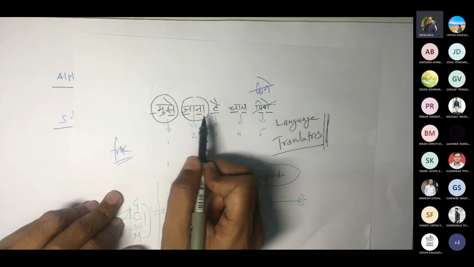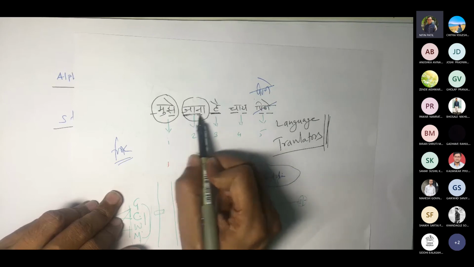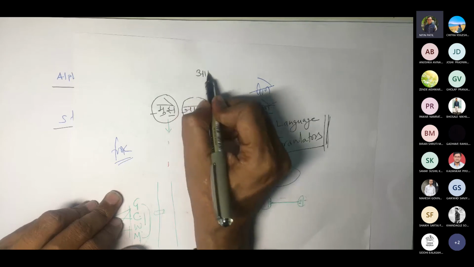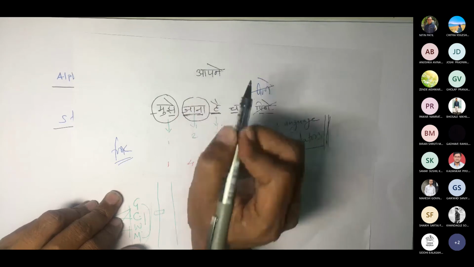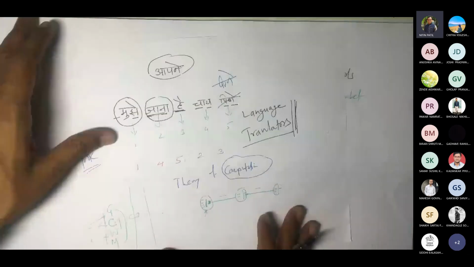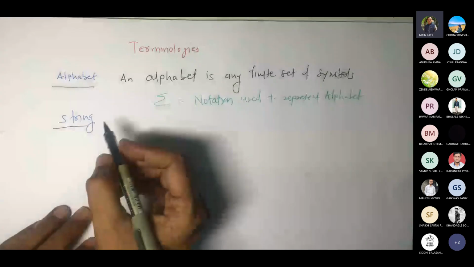These strings have a length. For example, in this case the length of this is 1, this is 2. Suppose I write aap nahi, then this would be a string with 3 characters, and so on.